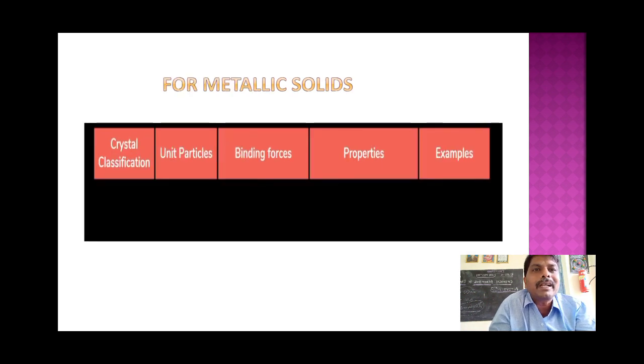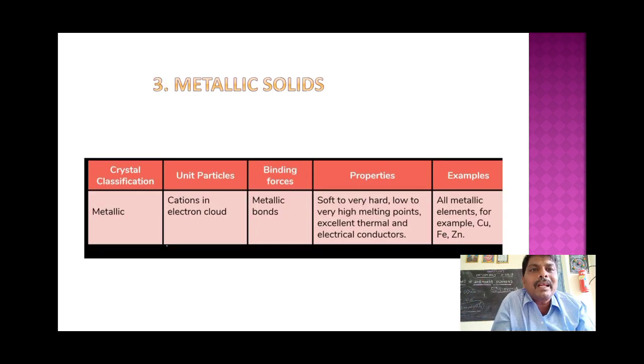What about the third category, metallic solids? Try to recollect what I explained for metallic solids. What are the particles? Metal cations surrounded with an electron cloud, or electron gas. This binding force is called the metallic bond. Properties: they are soft to very hard, because some metals are soft.